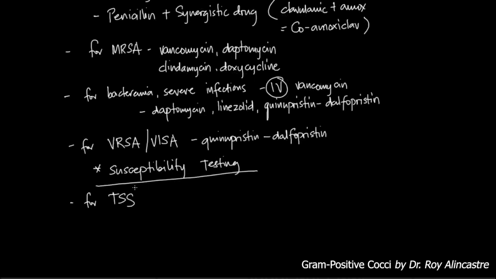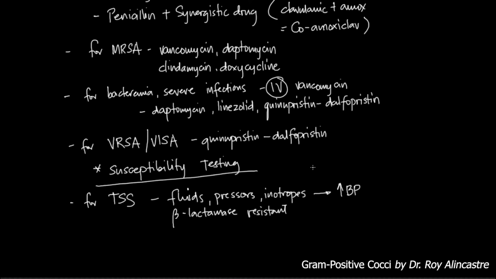The treatment of toxic shock syndrome involves correction of the shock with fluids, pressor drugs, and inotropic drugs to keep the blood pressure up. Of course, administration of a beta-lactamase resistant penicillin, and removal of the tampon or debridement of the infected site.